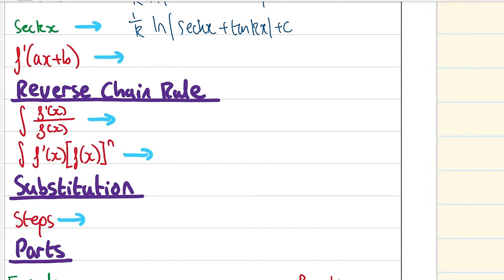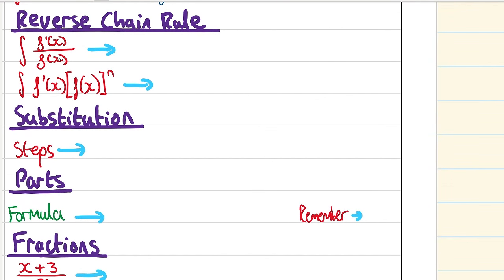Okay, now if this is the reverse of the bracket rule, if we know what a function integrates to and its input is just ax plus b, then we can just integrate it and get the new function, and all I need to do is just divide by the derivative of ax plus b, which is a.